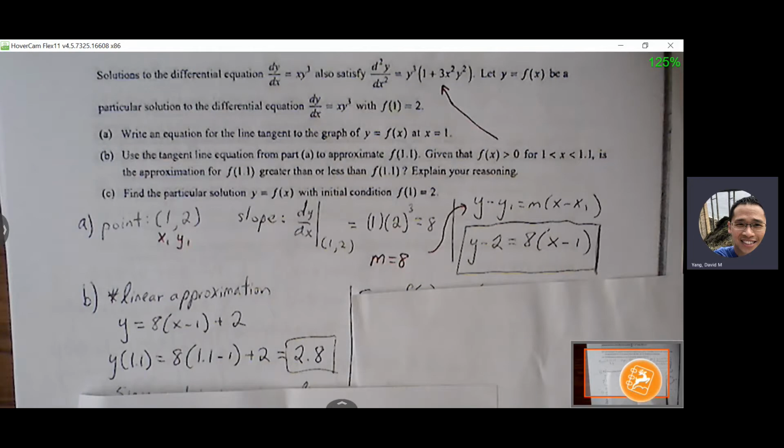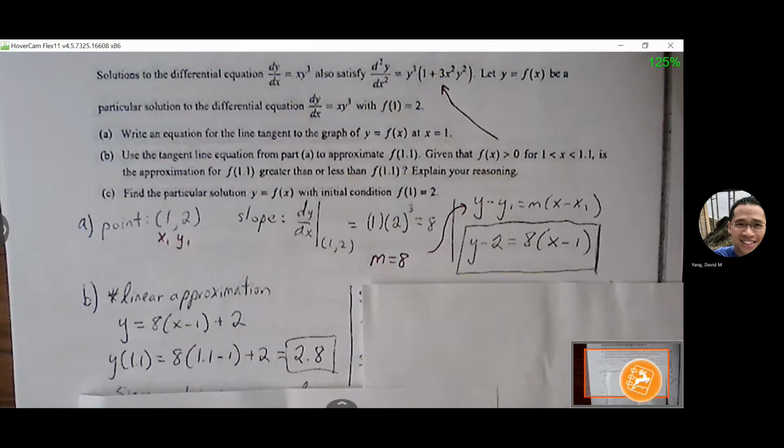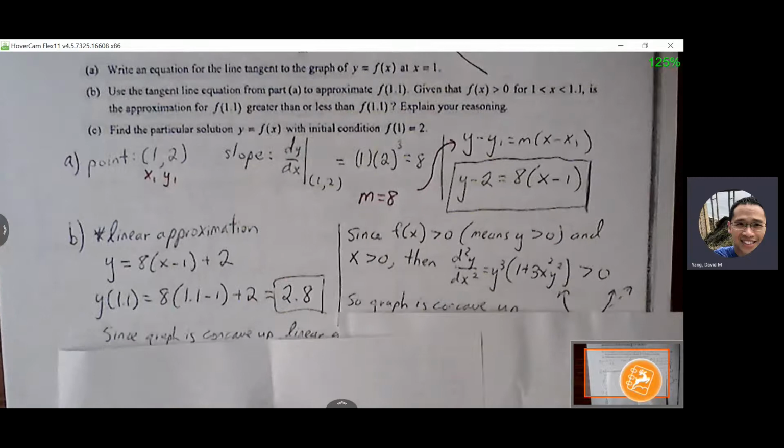If my second derivative is positive, that means my graph is concave up. Okay. If it's concave up, then we know that we can use that to decide whether it's an under approximation or over approximation. And what do we get? Concave up means our linear approximation is going to be above or below the curve? Below, right? Concave up will be below.